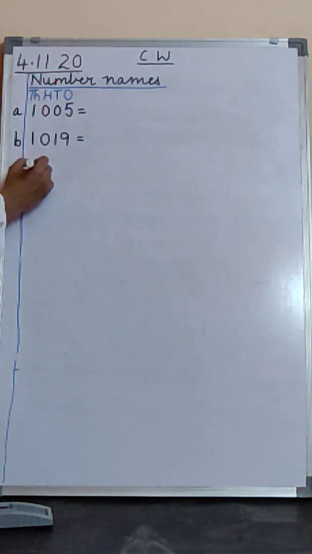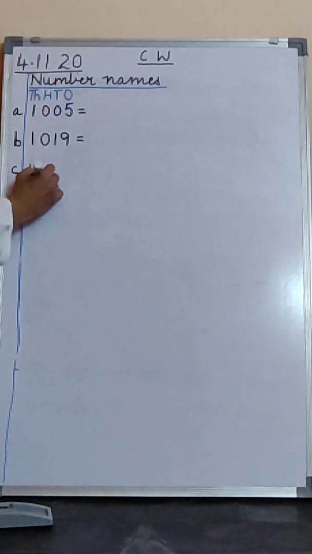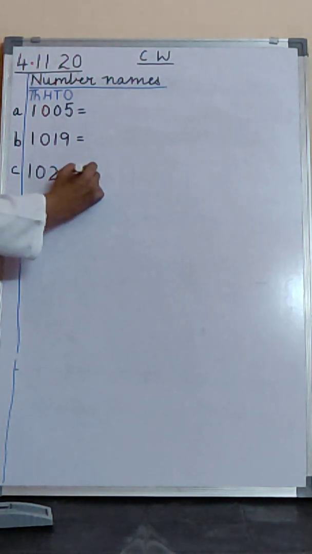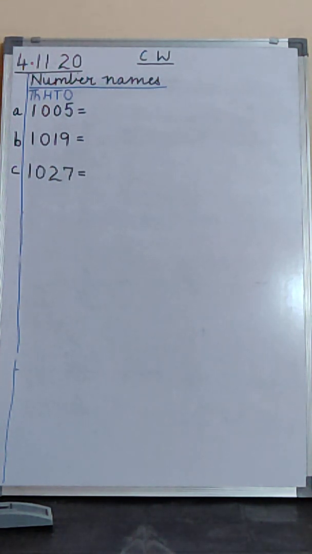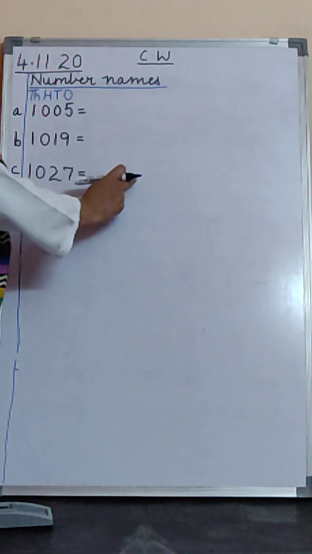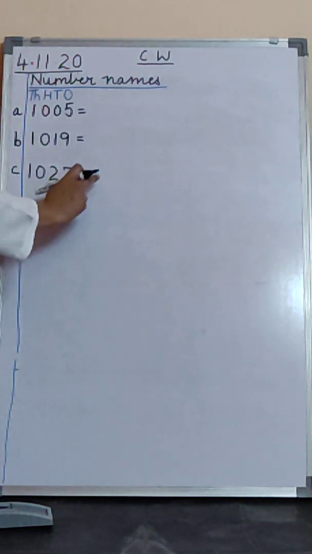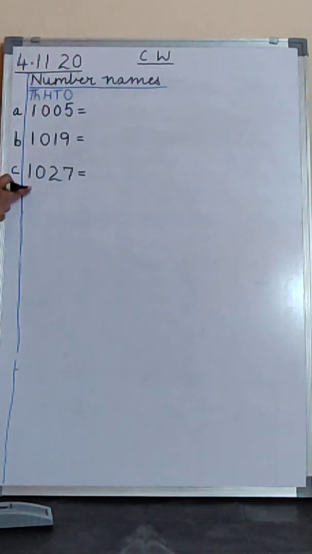Then 1027. Now you write 1027. If it is not fitting in the next line, leave a box and write in the next line. Make sure that you leave a box so that your work looks nice and tidy and neat.